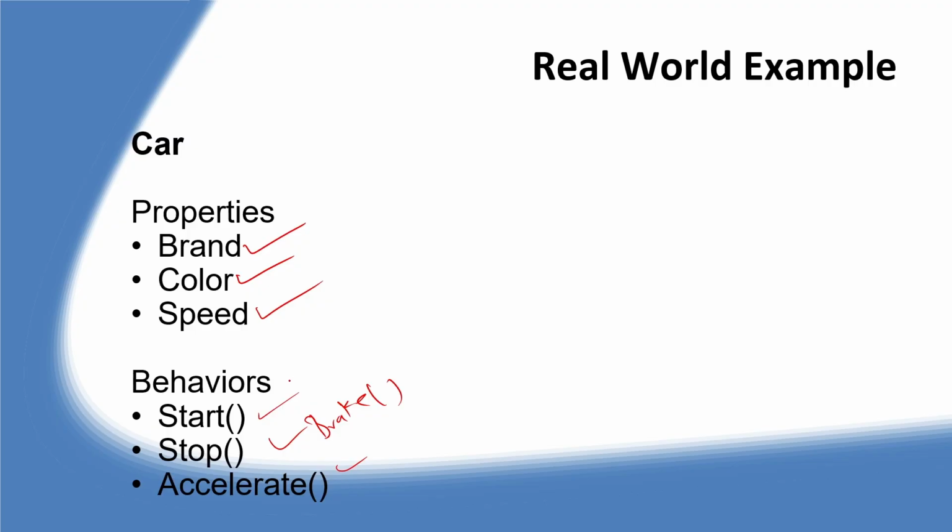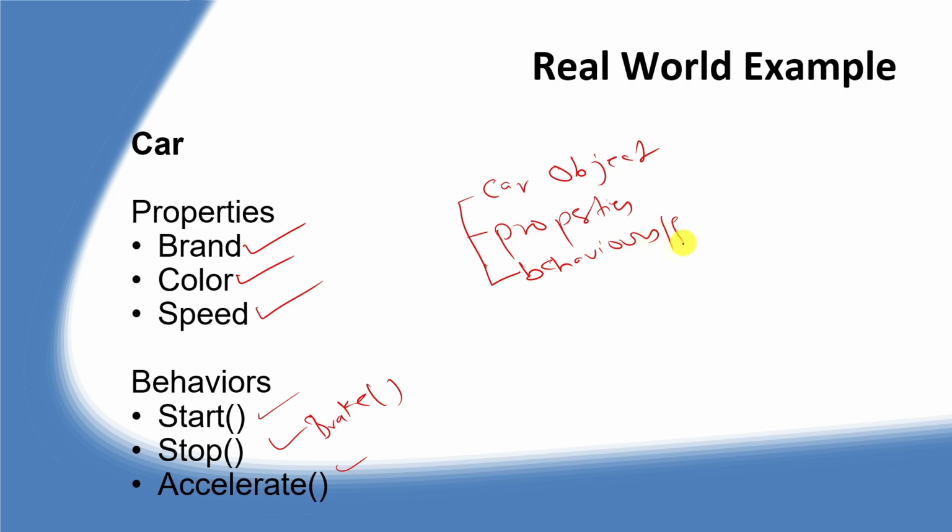Similarly in Java, we create a car object that stores the properties and behaviors.